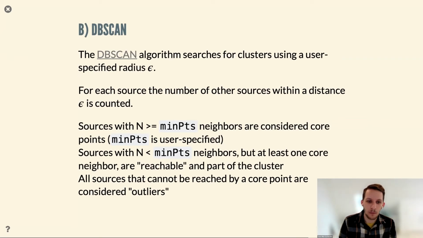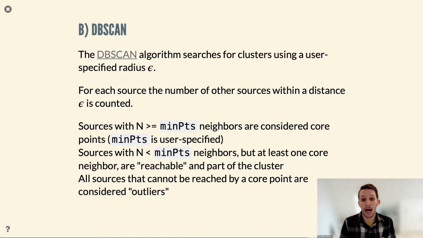is DBSCAN. The way DBSCAN works is it searches for clusters using a user-specified radius epsilon, essentially how close individual points are to each other. The pseudocode is: for every source, the number of other sources within a distance epsilon are counted.